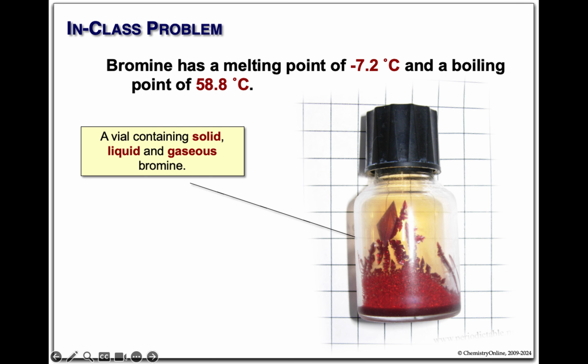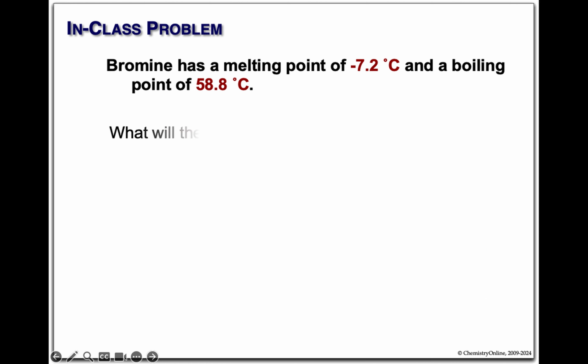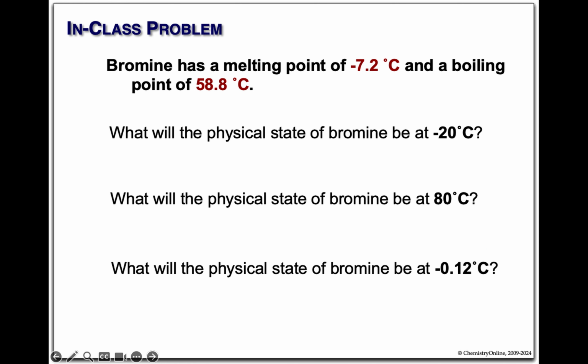So think about these simple questions. If we're at -20, do we have solid, liquid, or gas? Well, -20 is colder than -7, isn't it? This is below the melting point. That means we're dealing with a solid.